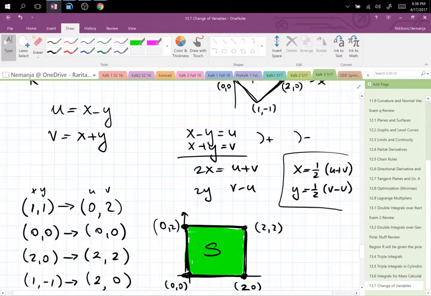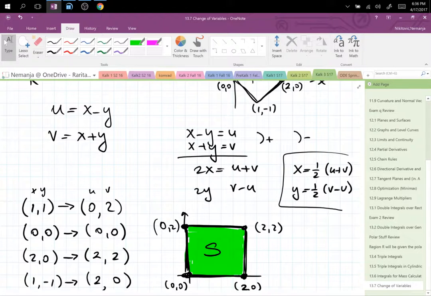Think of it as in algebra, x minus y equals 5 and x plus y equals 3. You add them and it's 5 plus 3 is 8. Now you have u plus v. So when I add equations, I get 2x. These guys cancel, u plus v. And in order to get x alone, I move a half to the other side. So now x equals everything else in terms of u and v.